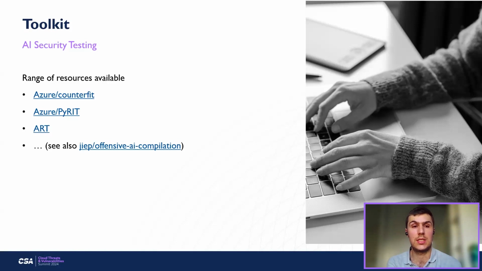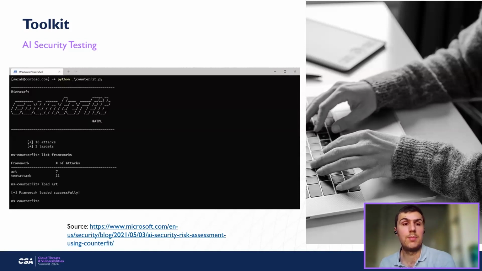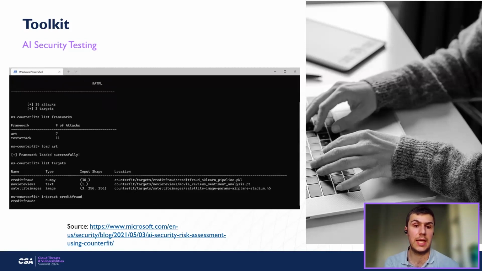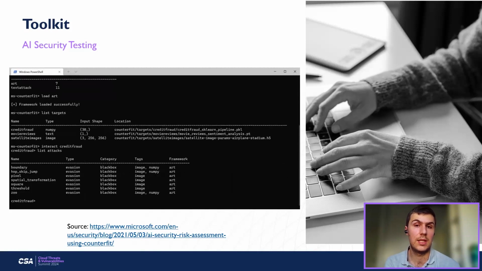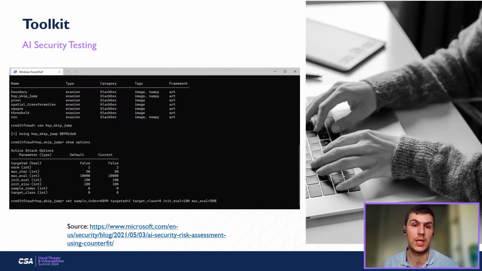And I would say that there are quite a few tools that can already be taken and used for penetration testing, for security testing in general, or for thinking about various threats that can be relevant for the system itself. One of those that I just took as an example is Azure Counterfeit, which was developed by Microsoft and others, and it's one of the tools that can actually help you test an AI model, whether it's local or just connecting to an API.